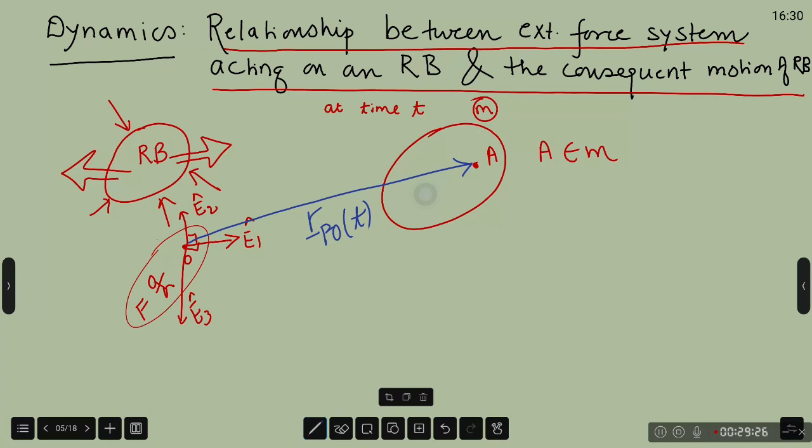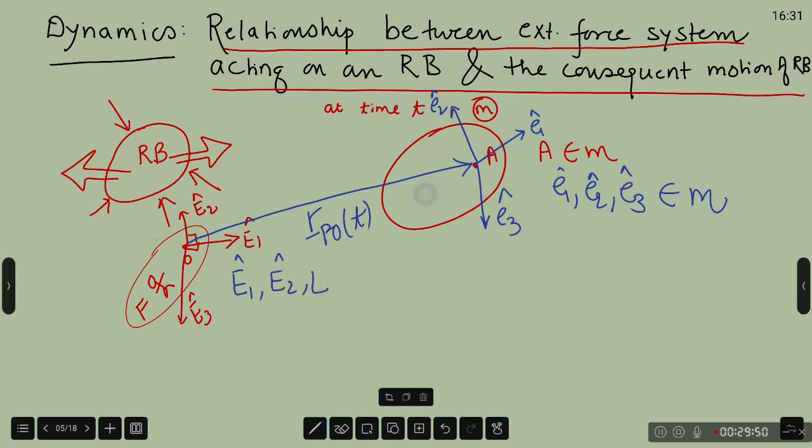Also, I want to know, okay, here I have E1, E2, E3 fixed to F. Small e1, small e2, small e3 make a triad, mutually perpendicular unit vectors fixed to the body.